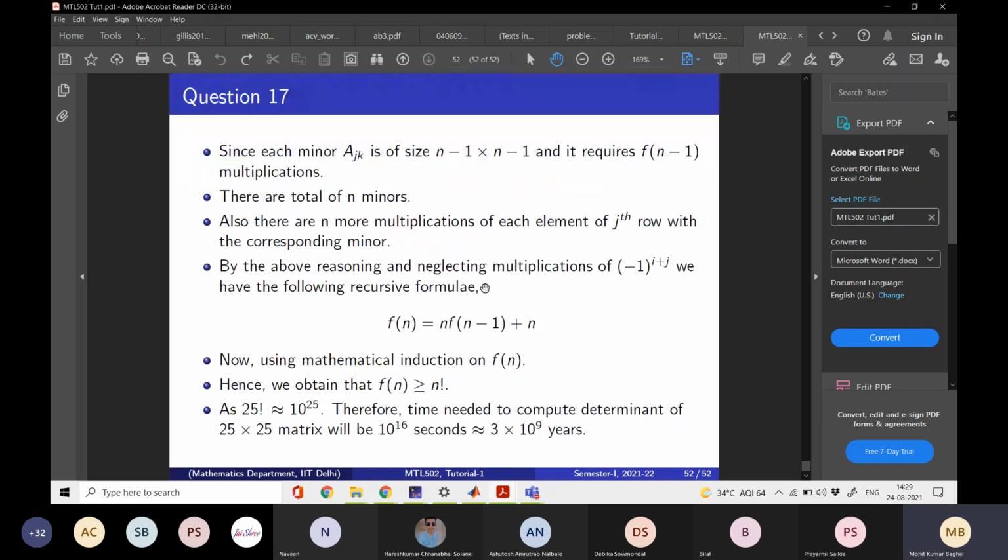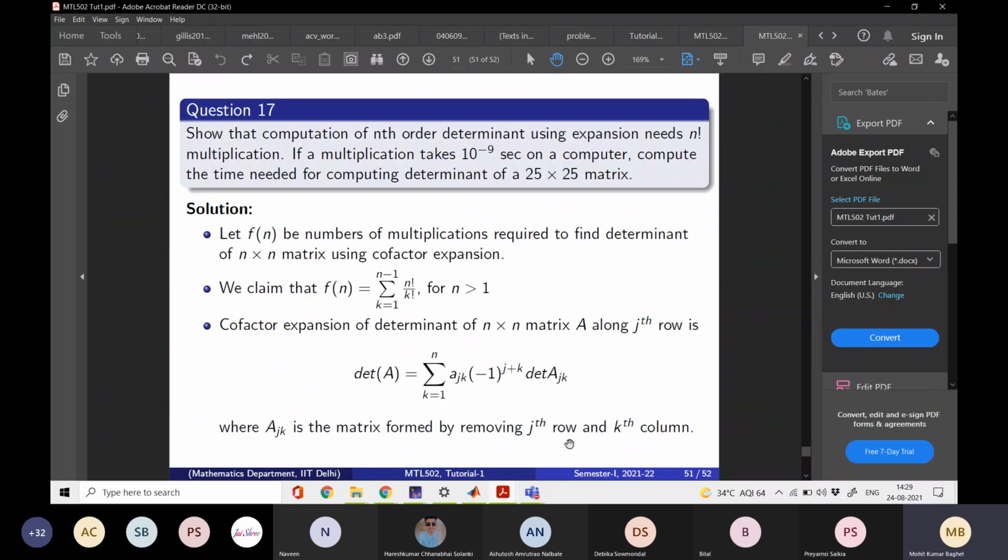So 25 factorial is a big number. If I want to approximate 25 factorial by 10 to the power 25, then we arrive at this much time, 3 into 10 to the power minus 9 years.